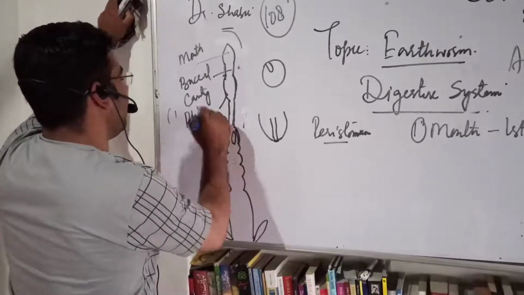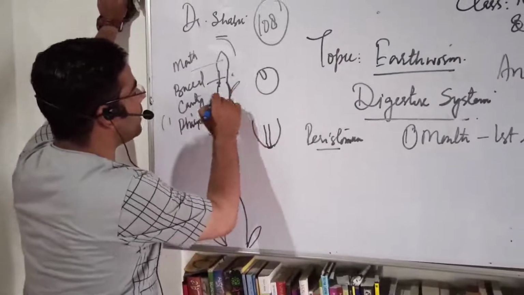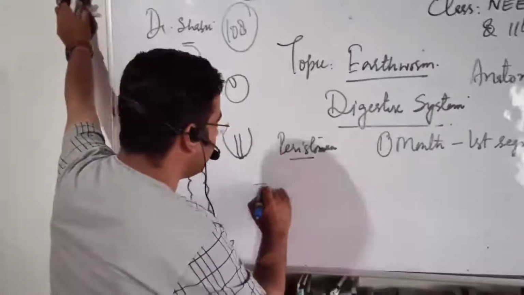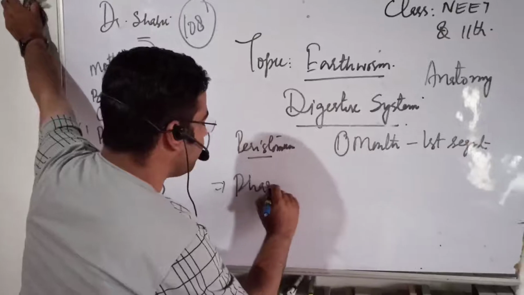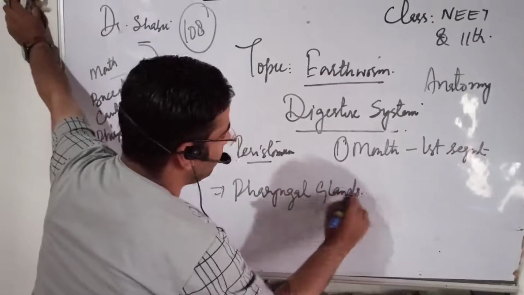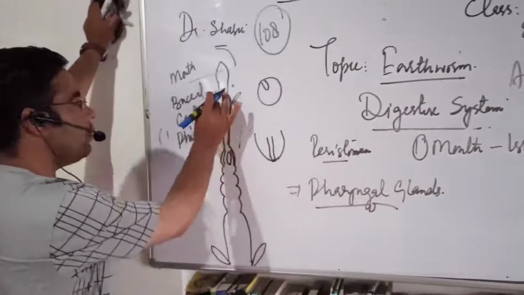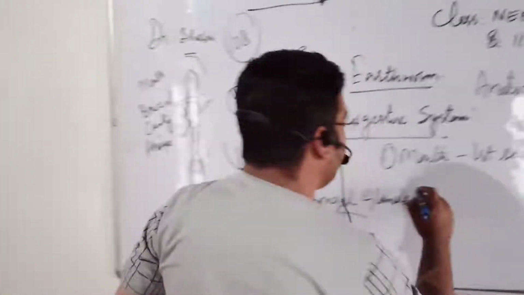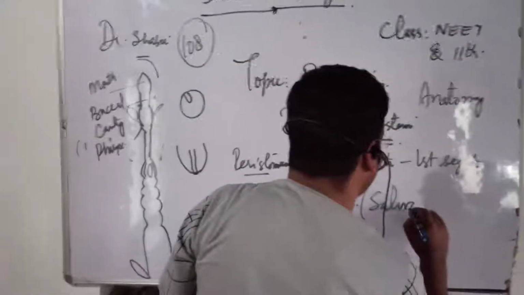Earthworm का pharynx आता है. pharynx में आपको याद रखना है थोड़ा सा, ये जो pharynx होता है इसके साथ होते हैं pharyngeal glands. Suppose this is the pharynx, इसके साथ होते हैं pharyngeal glands. इनको हम कभी कभी we also call them as salivary glands.